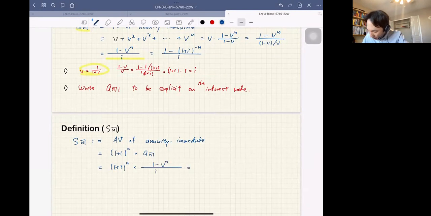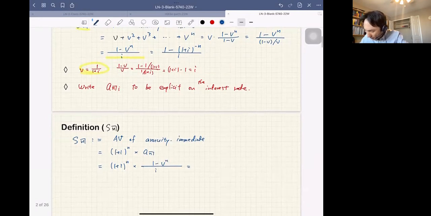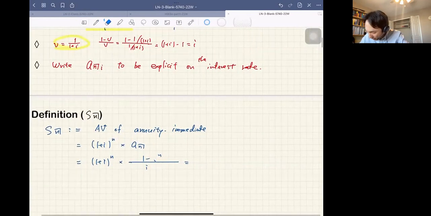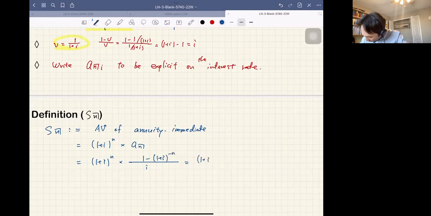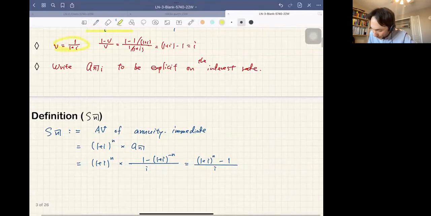Okay, so v to the power n is 1 plus i to the power negative n. So maybe it's better to put it this way and it's clearer. Then this becomes ((1 plus i) to the n minus 1) over i. It may look even simpler. So s angle n is equal to this one.